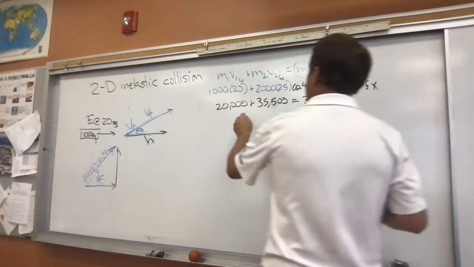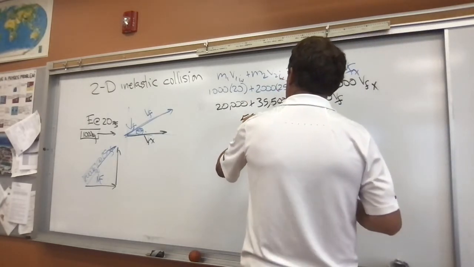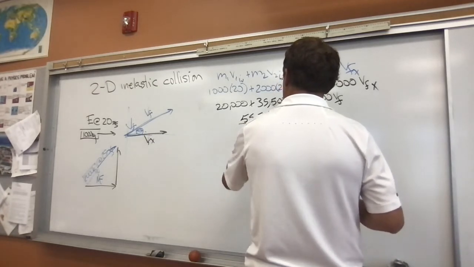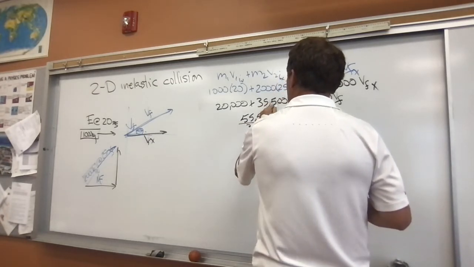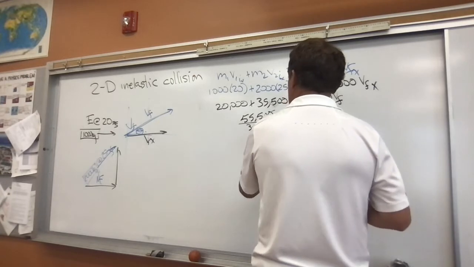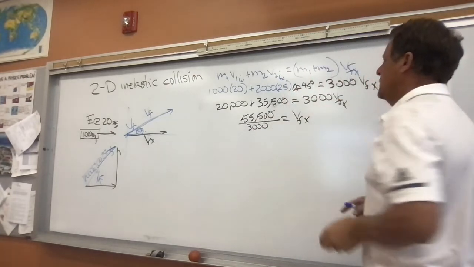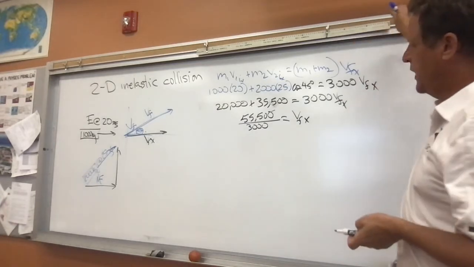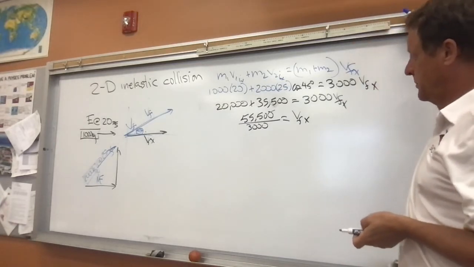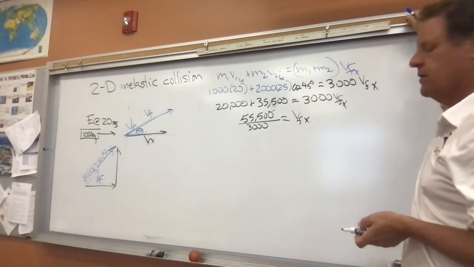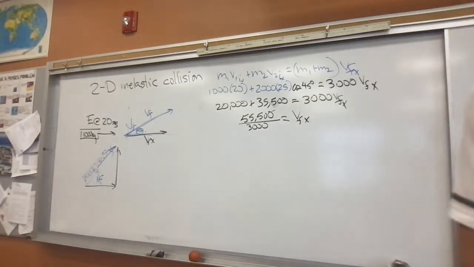So we're going to have 55,500 divided by 3,000 for v final in the x direction. 55 divided by 3 is going to be about 18 point something.